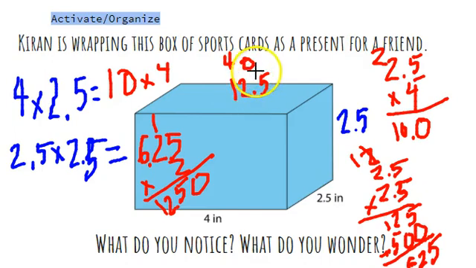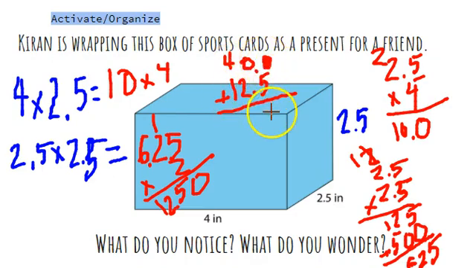Now, I want to make sure that this 12 lines up exactly underneath that 40. This 5, to help me out, I may draw a 0 here at the end, but I really don't need to. And that kind of looks like something crazy. But remember, when you're adding or subtracting decimals, you have to line up those place values. So the 0 and the 2 are in the same place value. The 4 and the 1 are in the same place value.